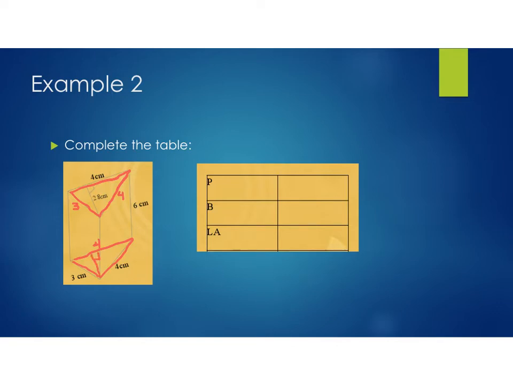So this again is a triangular prism. The shape on the top and the bottom here is a triangle, and that's how your prism is named, by the shape of the base. So again, just to recap from the previous slide, the P is going to represent the perimeter of the base.